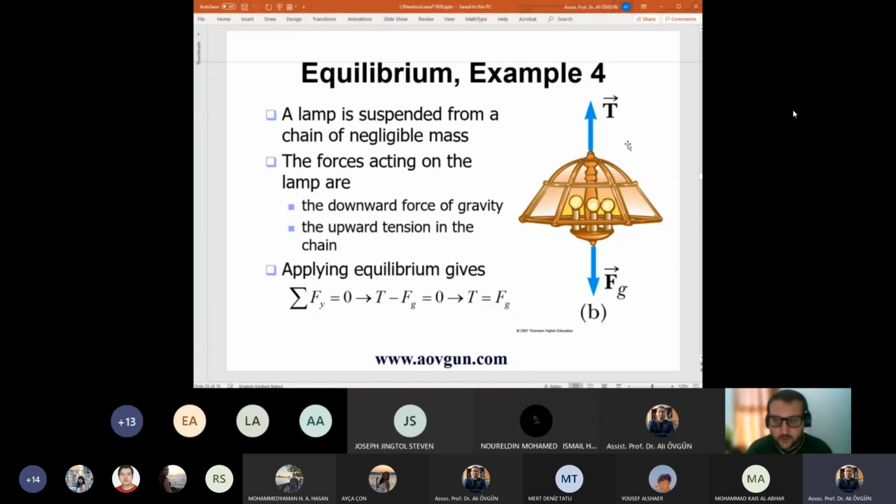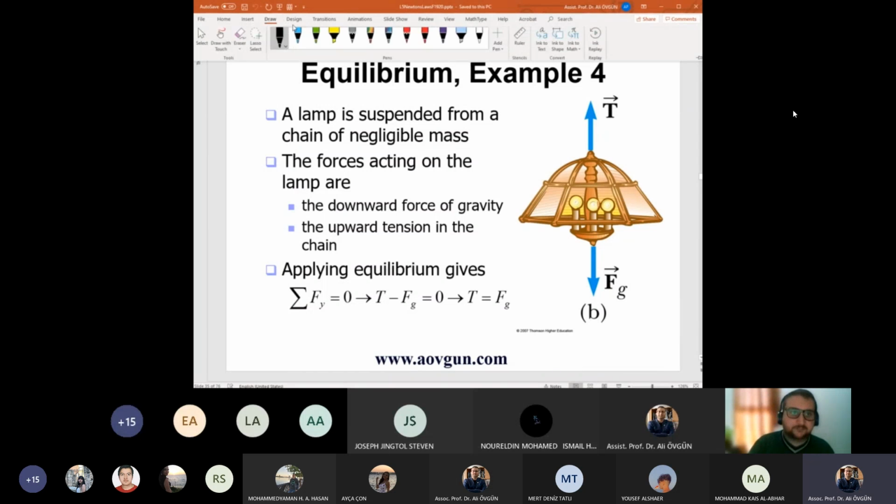One of them is the tension force upward, and another one is the gravitational force downward. You can show them by T and Fg. This is the free body diagram of the object. How can you transform it to Newton's equation? If the object is in equilibrium, you can write it.